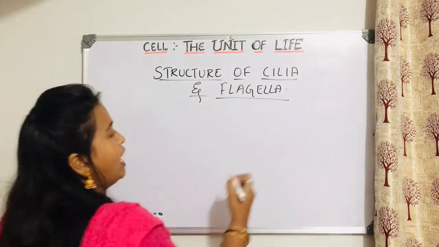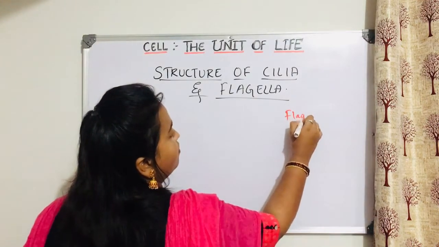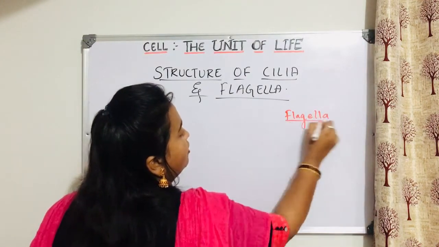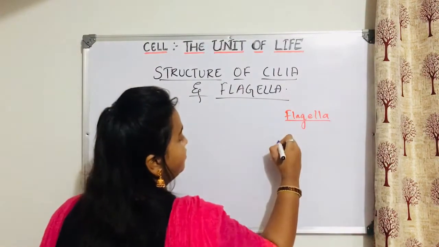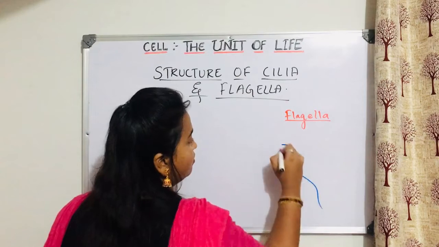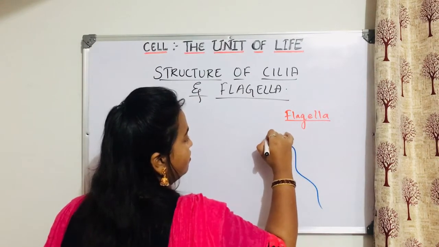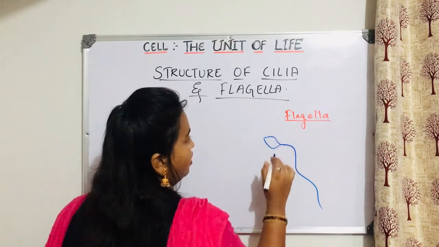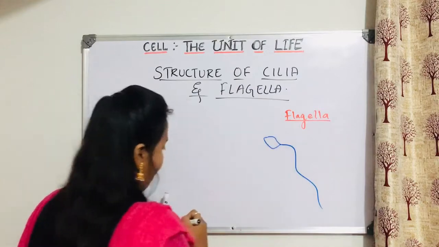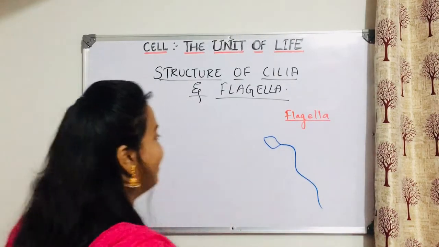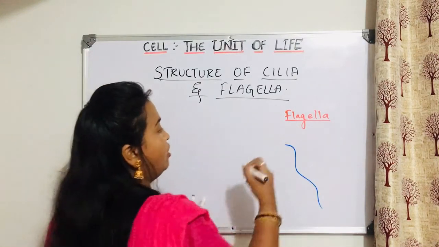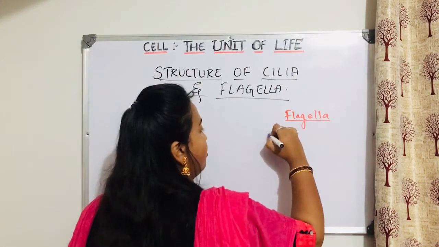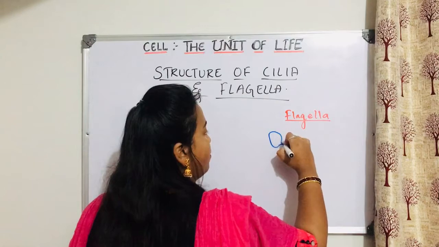Let us consider flagella. If you consider flagella, will you tell me what this is? Don't say it is a snake, okay? It looks like that. Anyways, I'm not drawing the particular shape, I'm just showing you.